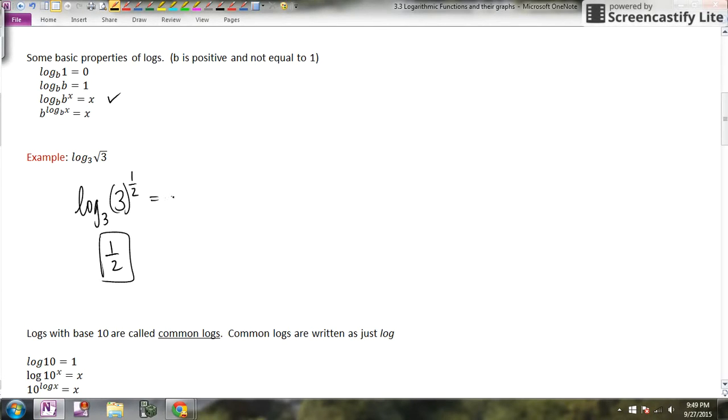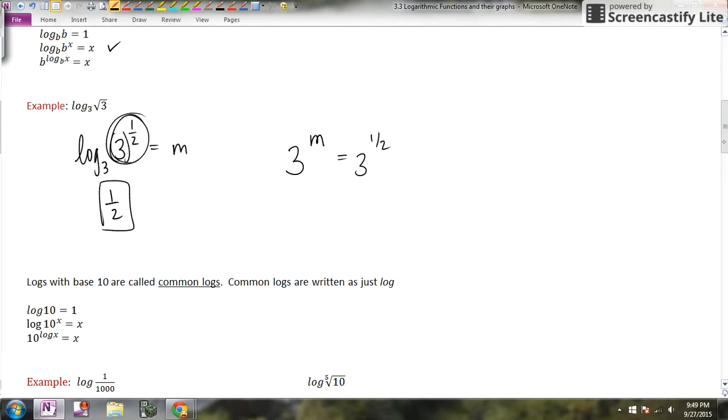You set this equal to some variable m for Meyer, and then I rewrite this as the base is 3, the exponent is m, and it's supposed to equal whatever came after the word log, which is 3 to the half. And then at this point, I should be able to view it and be like, oh, m's a half. So either that they're inverses and they cancel each other out, or you can go ahead and do the math. Either way, you are a rock star.